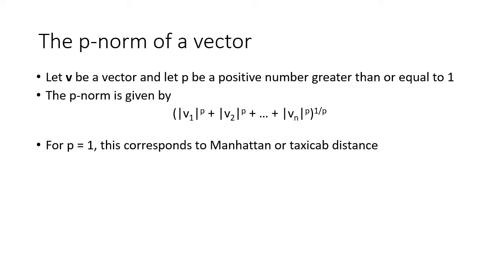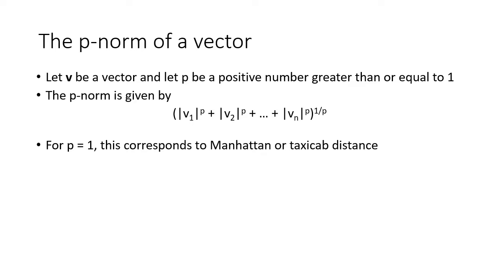So when p equals 1, this corresponds to the Manhattan or taxicab distance. We have just the absolute value of each of the components. For example, in the two-dimensional case, this corresponds to distance being the absolute value of the horizontal component plus the absolute value of the vertical component, which matches the idea of traveling on city streets that are laid out in a grid.